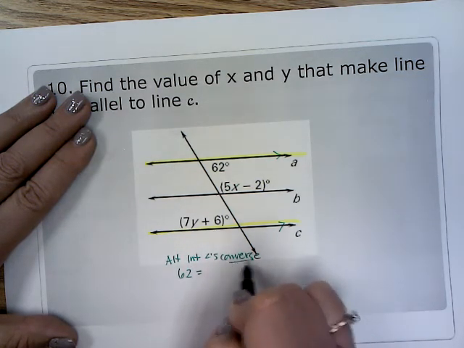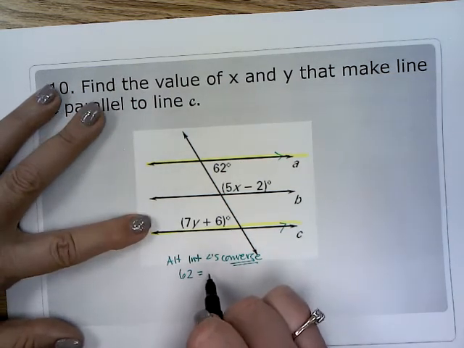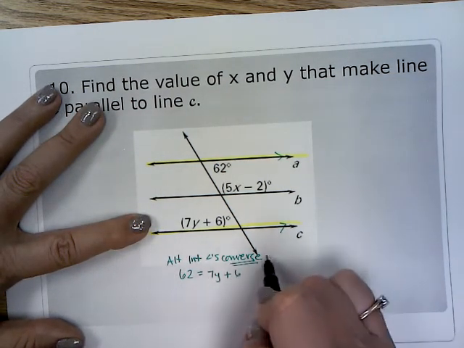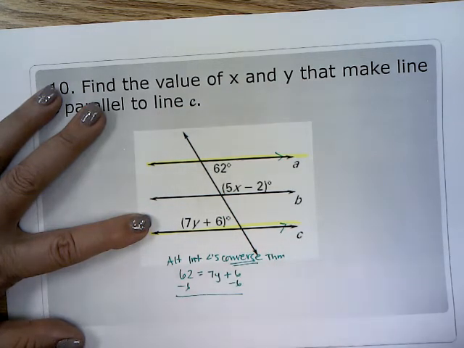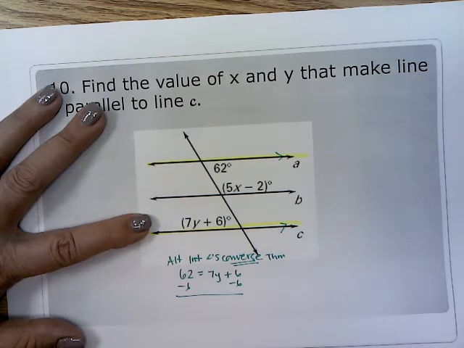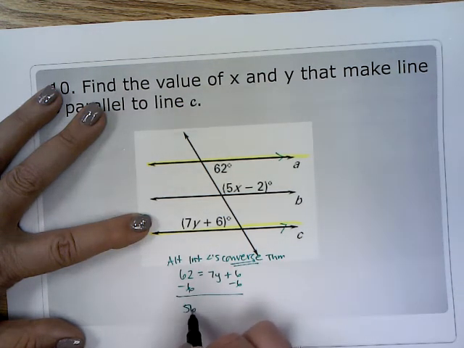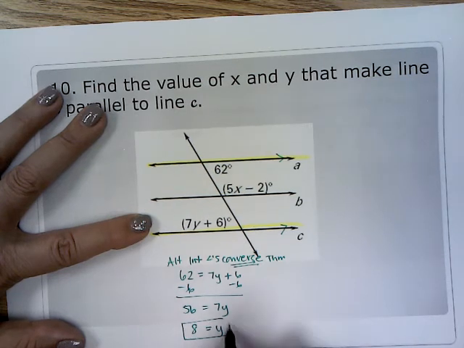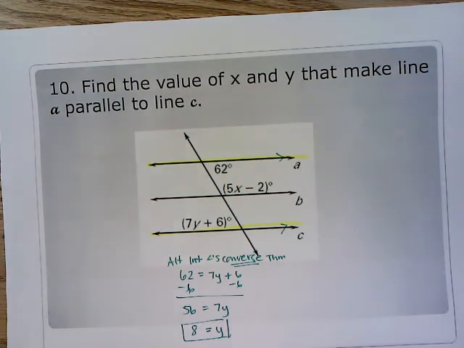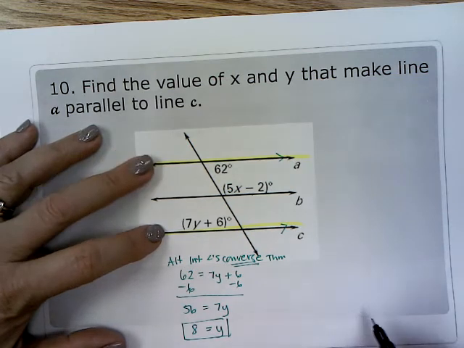Because I'm making it parallel, it has to be the converse. So y being 8 would make A parallel to C.